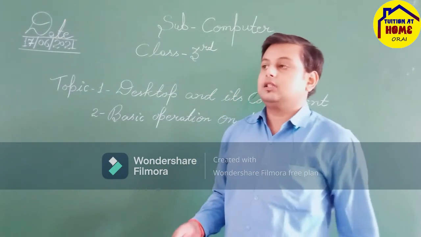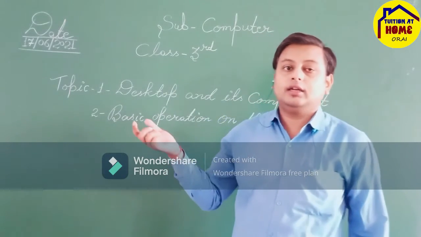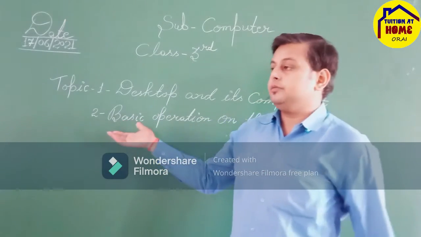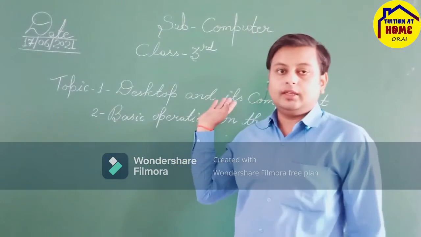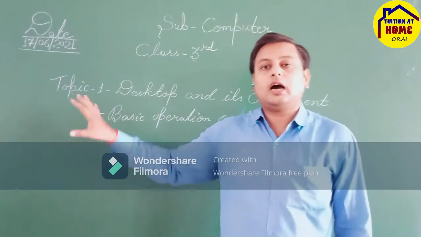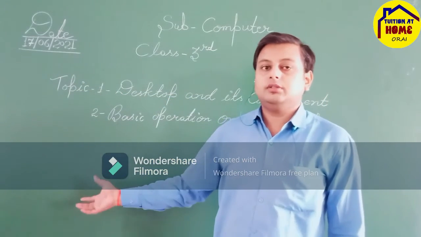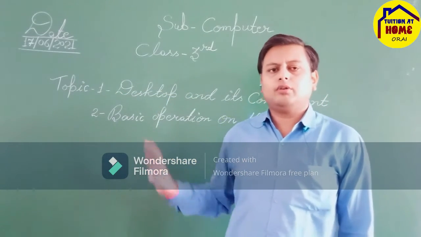Okay, suppose I want to select one or more items that are adjacent. Adjacent means line wise. Line wise means, suppose from 1 2 3 4 5 6 and so on, I will select only 6 or 7 items from 15 items.